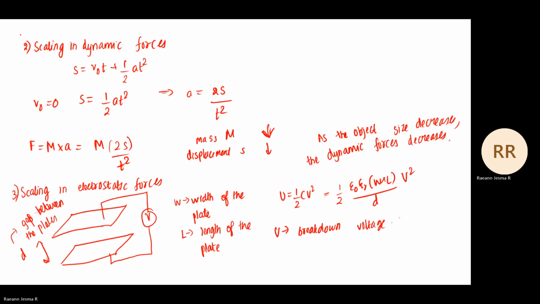Okay. Next, we will see the scaling in electromagnetic forces. Electromagnetic forces can be induced in a conductor when we have a conducting loop where current is flowing through it, and we are placing that conducting loop in a magnetic field B. What happens is the electromotive force will drive the electrons through the conductor.